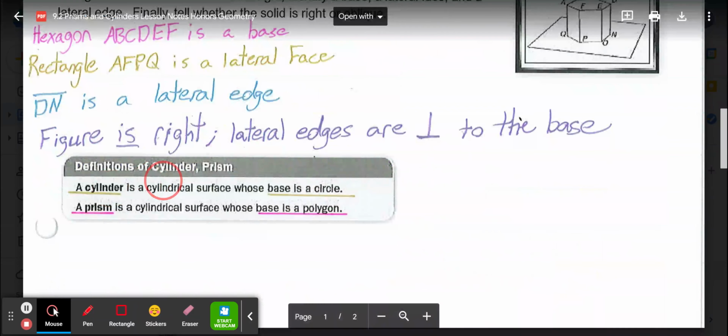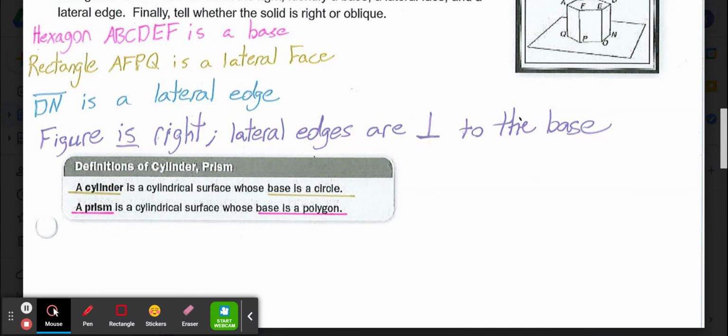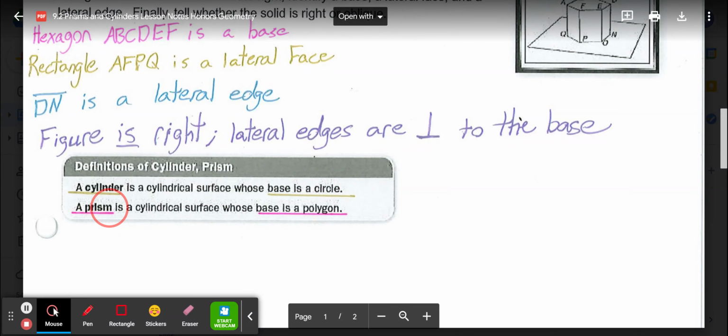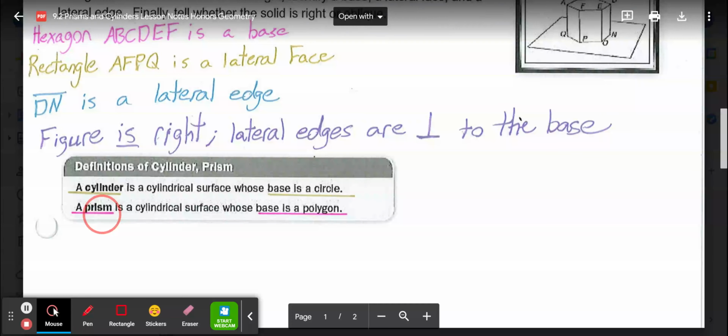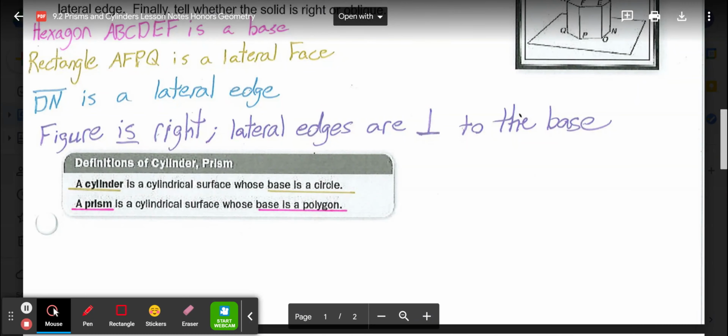A prism is any other cylindrical surface whose base is any sort of polygon. If the base is a triangle, a square, a rectangle, a hexagon, an octagon, a pentagon, a decagon, etc., it would be a prism. If the base is a circle and it's a cylindrical solid, we have a cylinder.